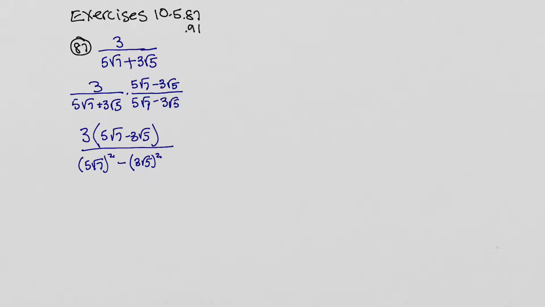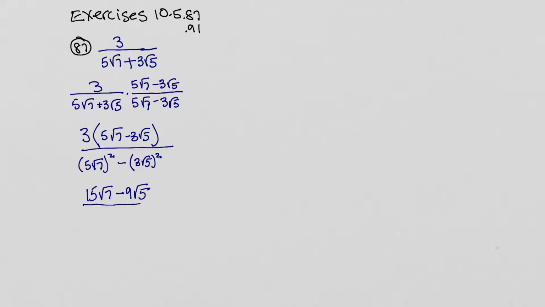Now, in the top here, I can actually multiply that 3 through. So 3 times 5 is 15 square roots of 7 minus, and then 3 times 3 is the 9 square root of 5.